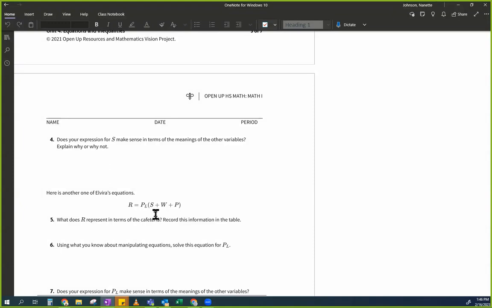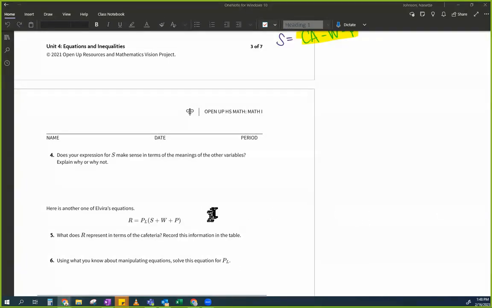Now, you already know what S plus W plus P means. This is what you guys said over and over again. So there's the total number of students and we're multiplying it by something. What would that equal? Okay, so right now I'm going to pause.